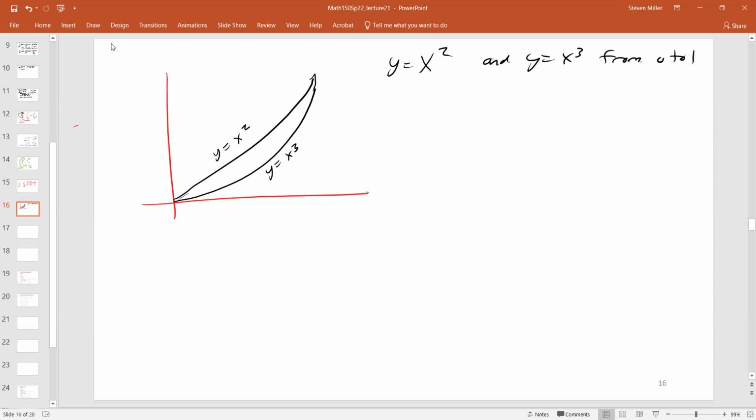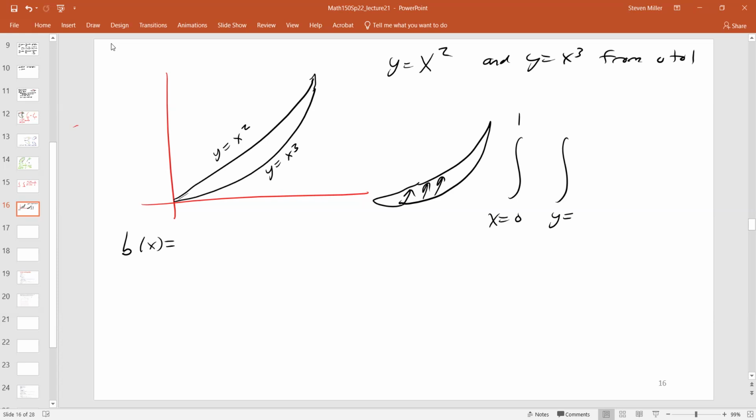So if I want to do the integration like this, which am I integrating first, x or y? Y. So x is going to go from 0 to 1. Y is going to go from the bottom curve to the top curve. What's the bottom value? So b of x is going to be what?